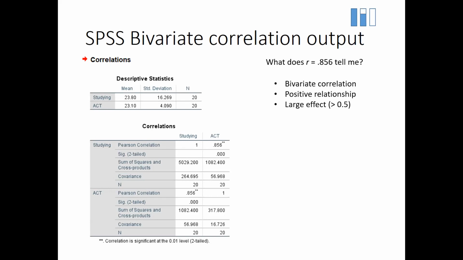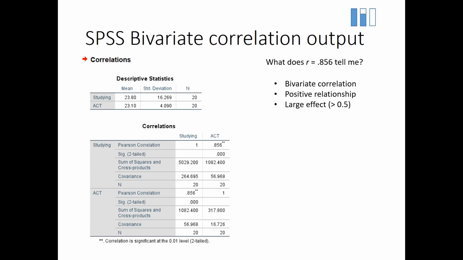So the three things I want you to know and to be able to explain when you're doing correlation analysis is what type of correlation are you running? This one's the bivariate, right? Is there a relationship? And if so, what's the directionality and what's the effect?